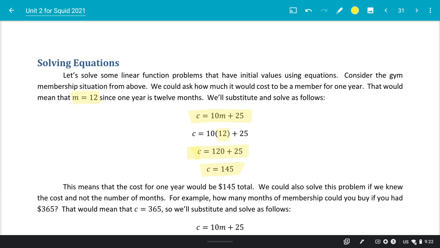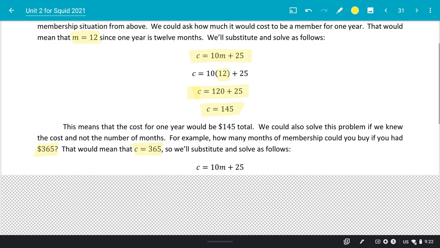We could also solve this problem if we know the cost and not the number of months. For example, how many months of membership could you buy if you had $365? That would mean C equals 365. So we'll substitute and solve as follows.